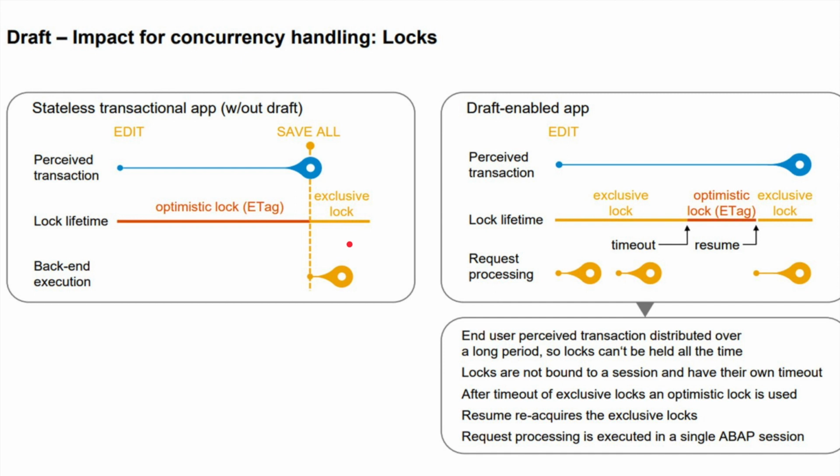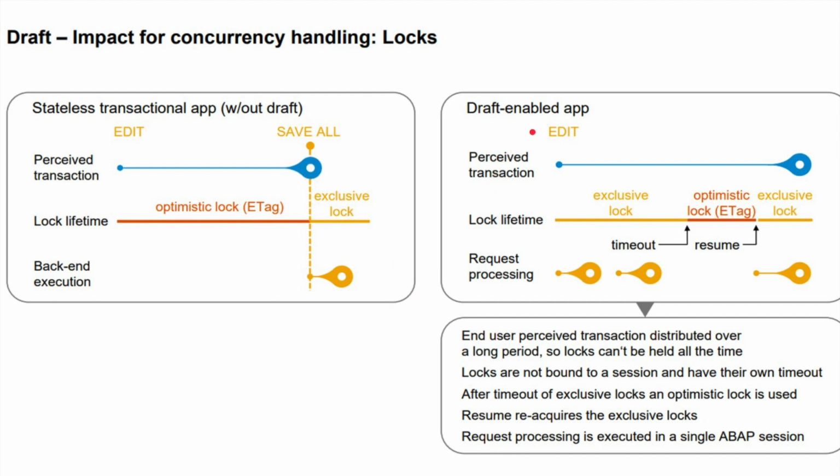Then the backend request will be triggered once we click on save. So here the locking will happen. The locking will make sure that no data will be updated in the backend by another session. So for the normal case it will be a mix of ETAG and exclusive lock.